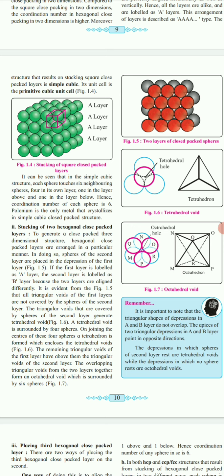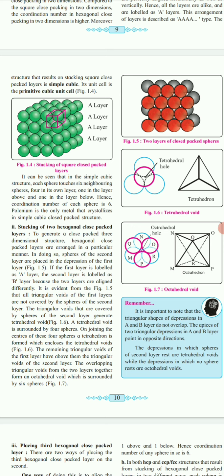generate tetrahedral voids. A tetrahedral void is surrounded by four spheres. On joining the centers of these four spheres, a tetrahedron is formed, which encloses the tetrahedral void. Figure 1.6.